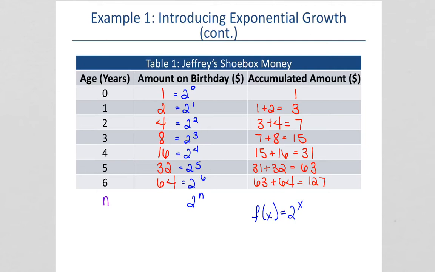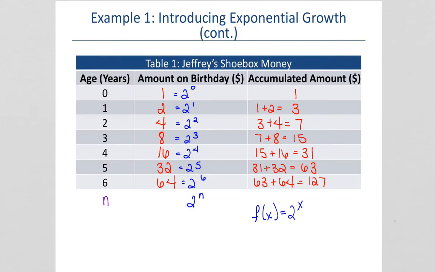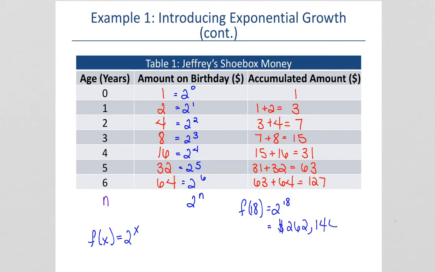So if we want to find out how much money she'll put in on his 18th birthday, then we'll just plug into that formula. F of 18. 2 to the 18th power. That is $262,144.